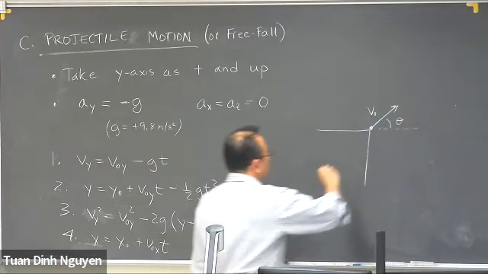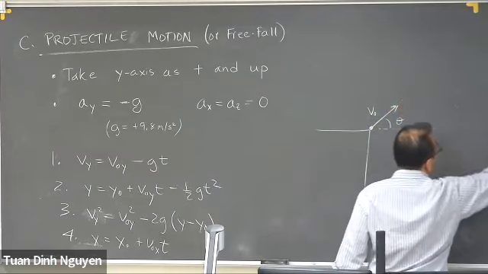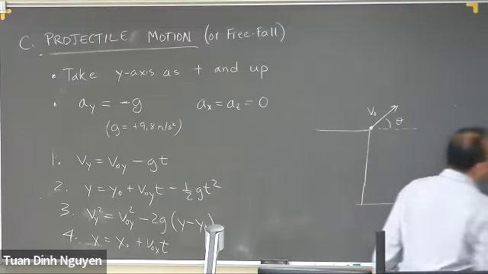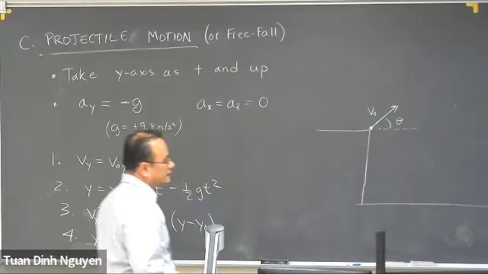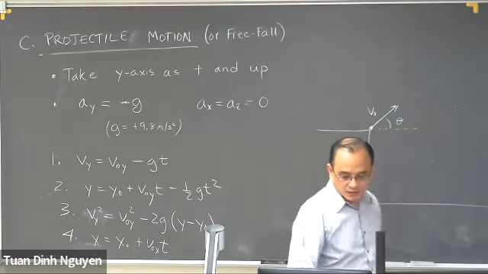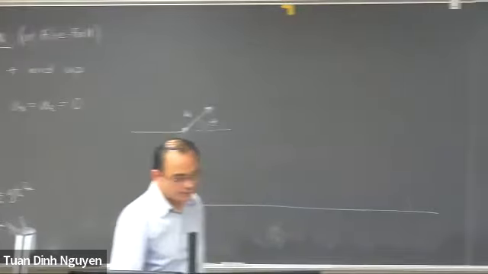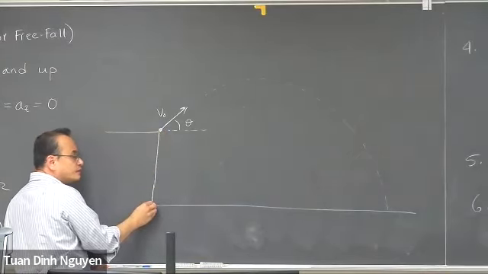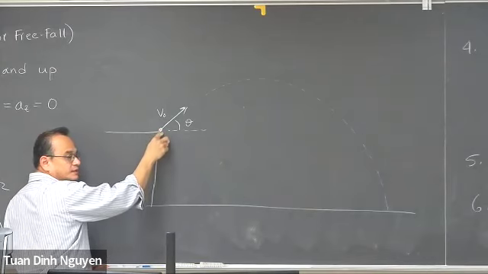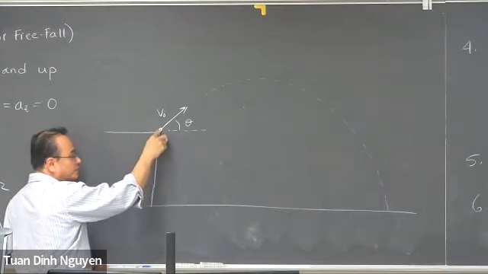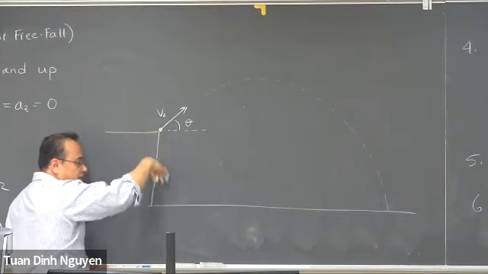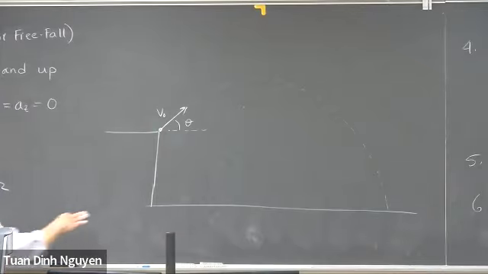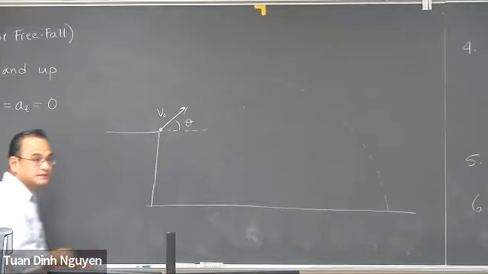And the curve will trace out a parabola. You choose your origin. You can either choose it up here or down here. Usually, we do it at where we start. So that would be 0, 0. That means anything that's below is going to be negative.